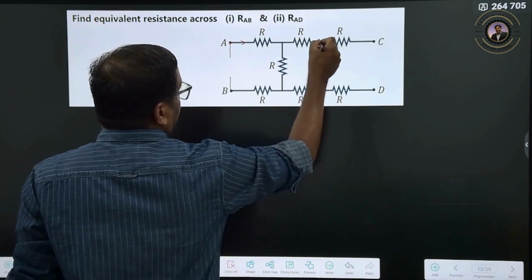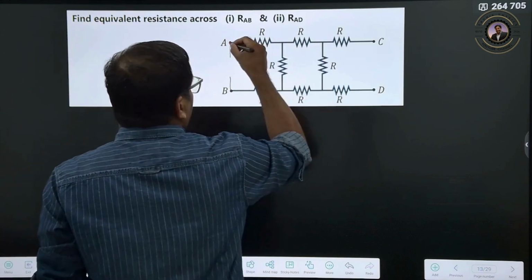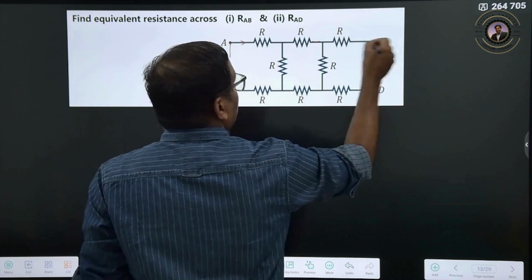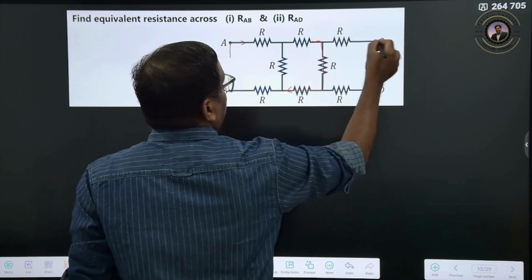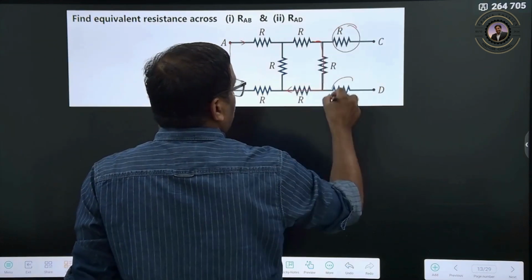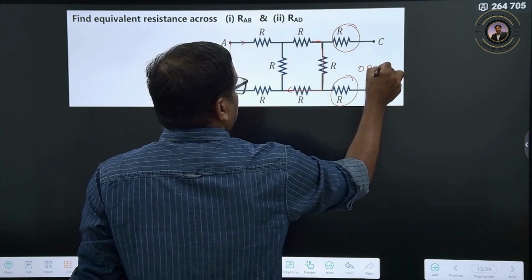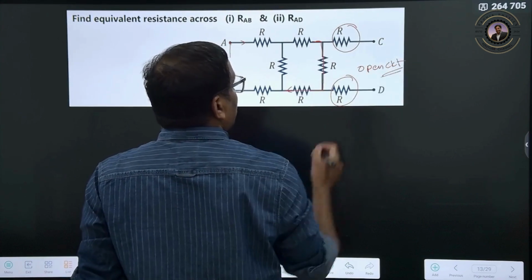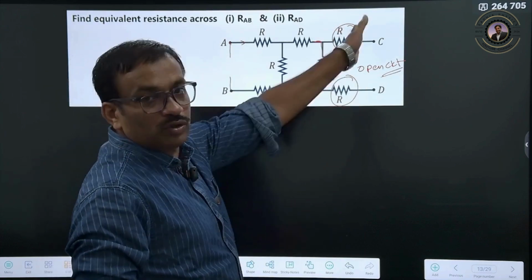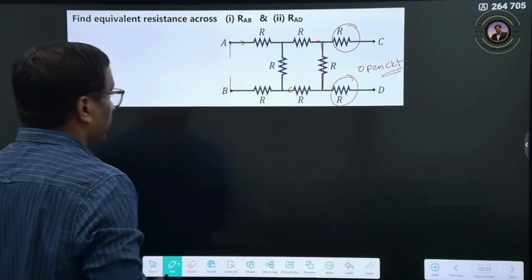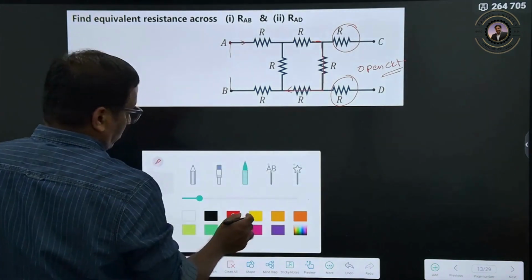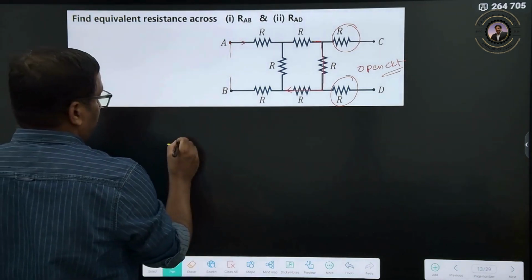When the current goes here, there is no other path, therefore the current will come to here only. So the current will not flow through this one. These two are like an open circuit. Open circuit means the current will not pass through this part, so this part can be neglected, we don't want this part. So when you are calculating, the equivalent resistance will become like this.